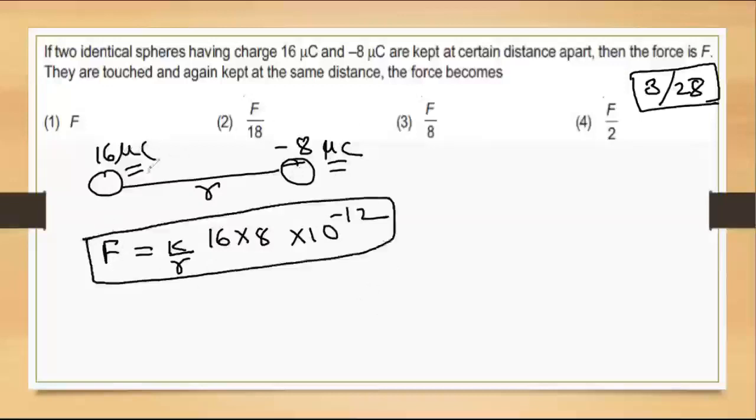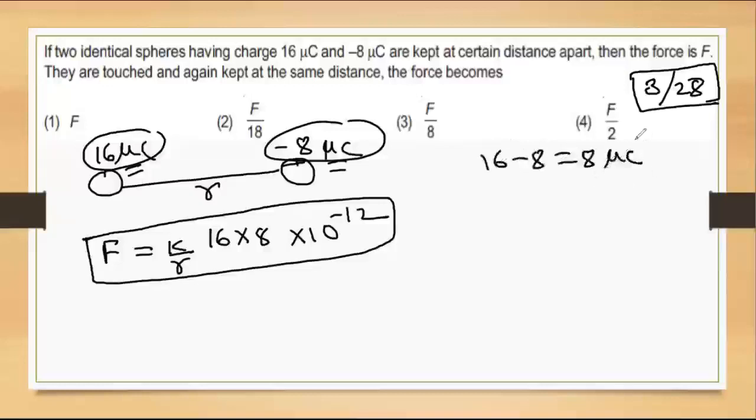Okay. So this is the first case. Now what will happen if we connect them by metallic wire? So what is the total charge? Total charge is 16 minus 8. It means total charge is 8 microcoulomb. So now 8 microcoulomb will be divided into two equal parts.